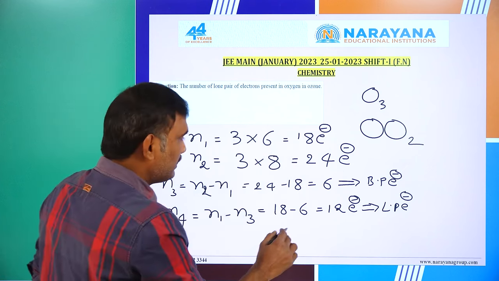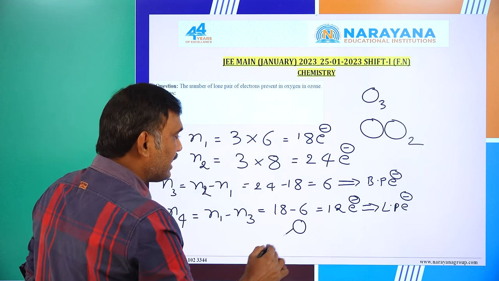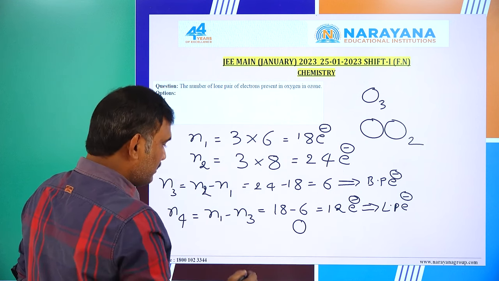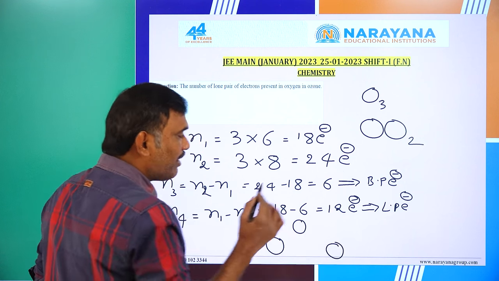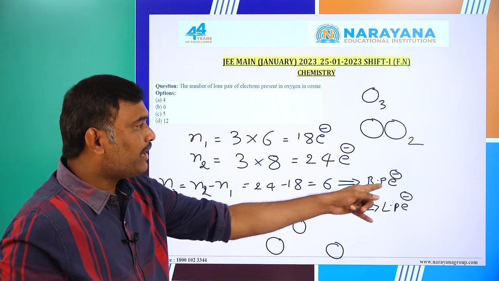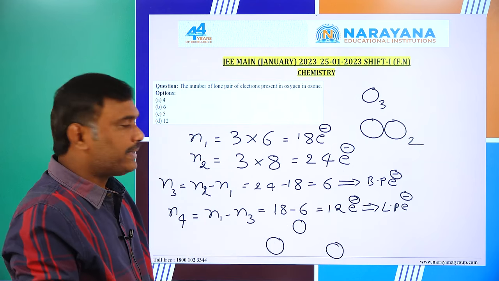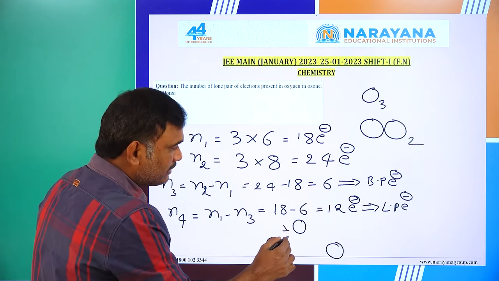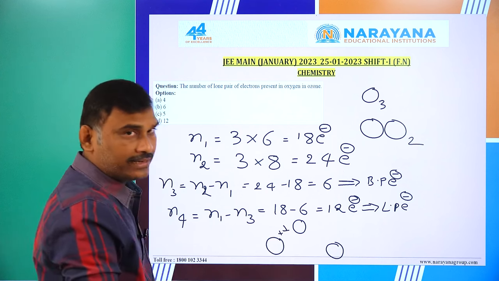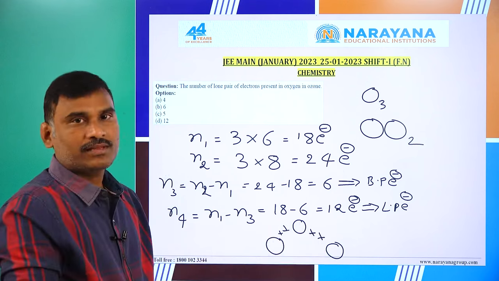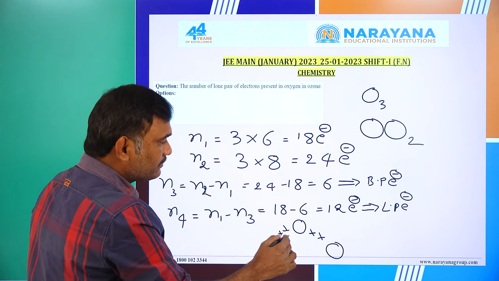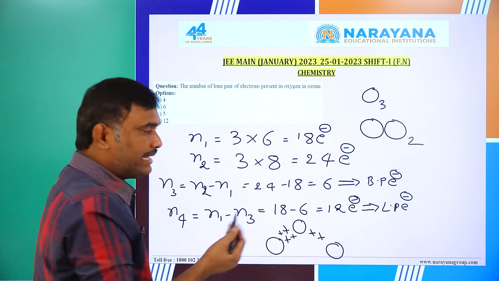Based on that, we arrange the bond pairs and lone pairs in the given species. How? This is the central oxygen atom, and these are the surrounding oxygen atoms. How many bond pair electrons are given? 6 bond pair electrons. One bond pair, another bond pair, and one more bond pair like this.